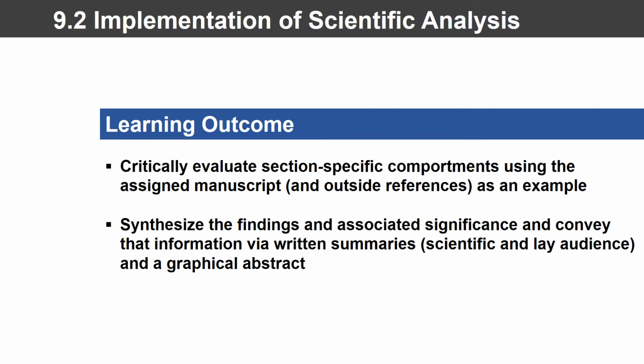And then learn how to synthesize all of these new findings and associated significances to convey the information via written summaries for two different audiences, a scientific and a lay audience, as well as a graphical abstract. And this second bullet is really a free preview of part of the homework assignment. So it behooves you to stick around and listen in and learn how to look at some examples and then do your own as it pertains to this particular paper.